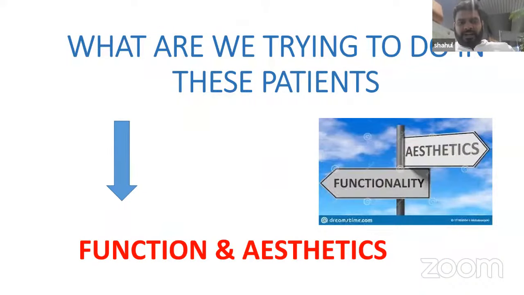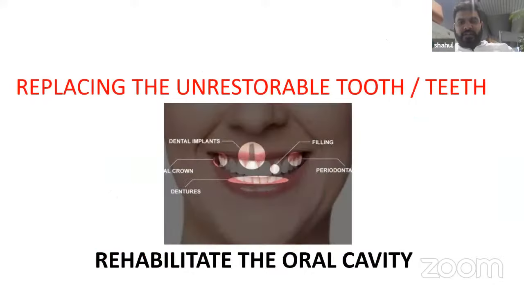We are trying to add functionality along with delivering aesthetics. But in this process, we are using multiple tools to rehabilitate the oral cavity. We are using dental crowns, dentures, fillings, and implants. But at the end of the day, we are trying to replace the unrestorable tooth or teeth in the oral dentition.